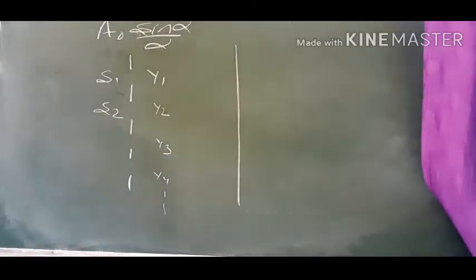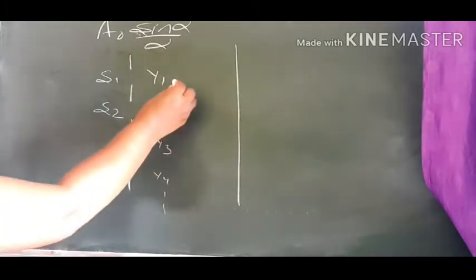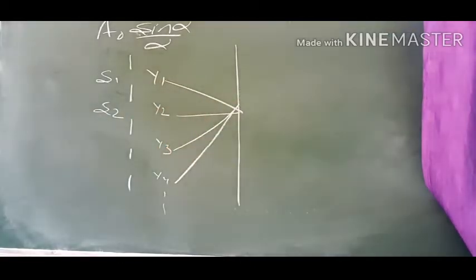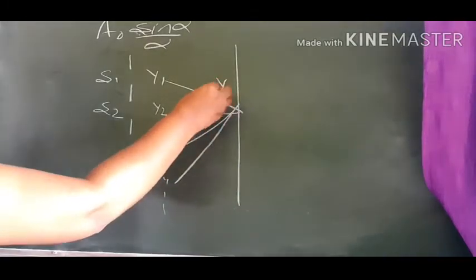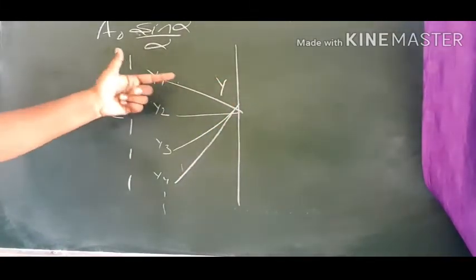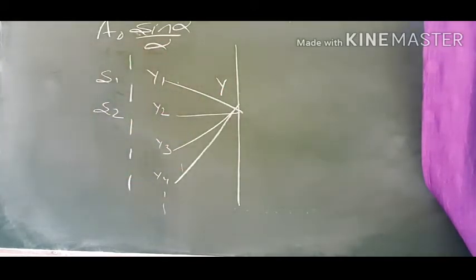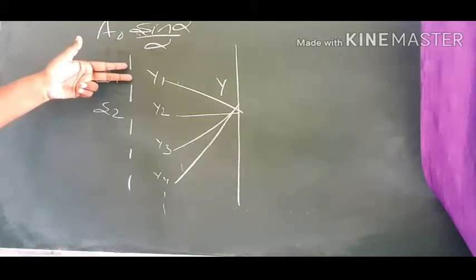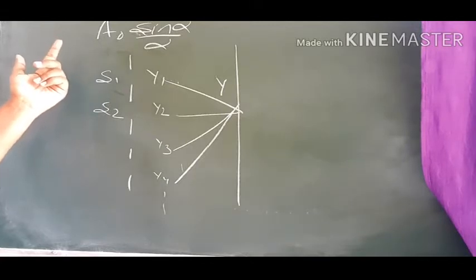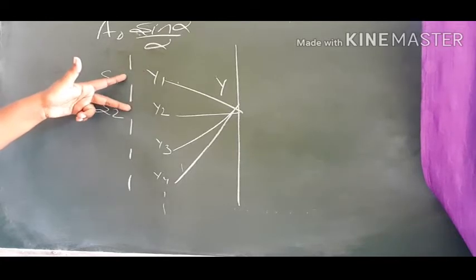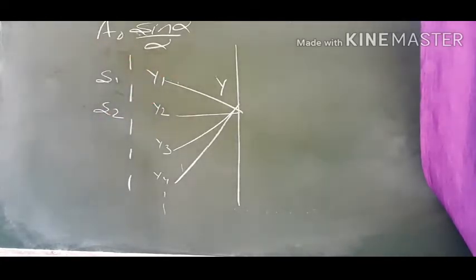Now we have to find the effective amplitude or intensity resultant of all these waves at any point. Suppose the resultant of all these waves is y. In this case the diffraction is also from the single slit as in case of double slit, and if two slits are involved, then there is an interference pattern.